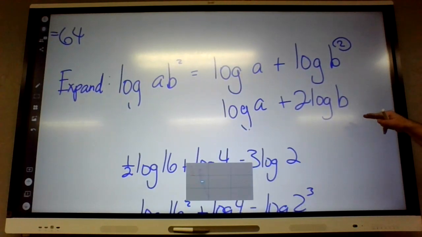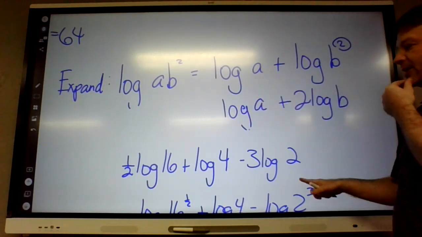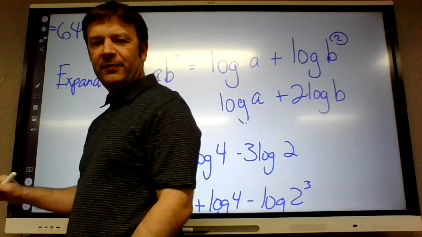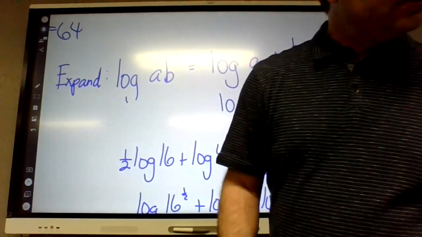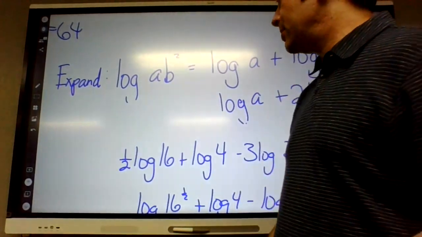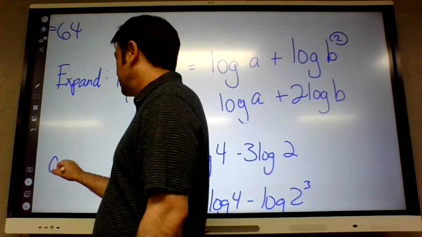All right, so on this other one, this is how you expand, you break it apart. On this other one, we're supposed to combine, simplify. I wonder how the book put that. Can write it in a single logarithm.